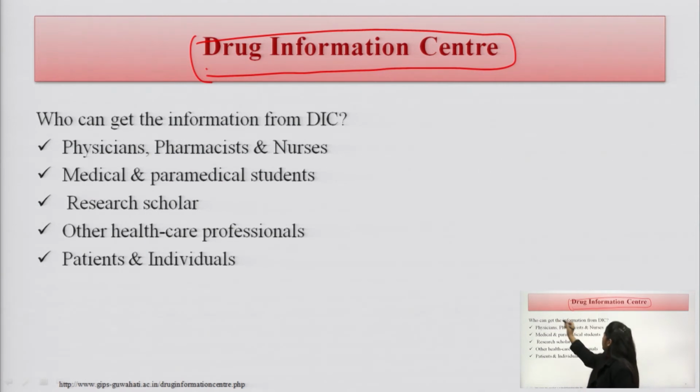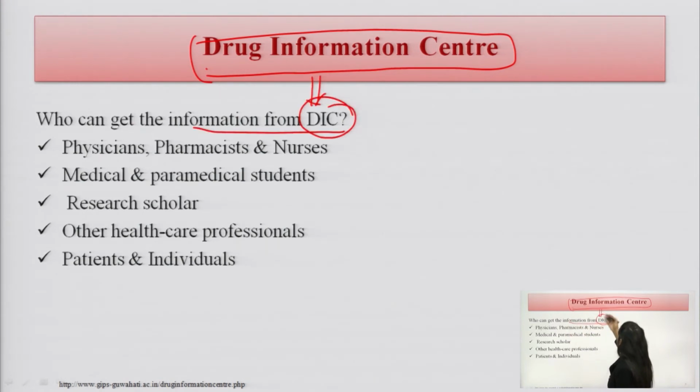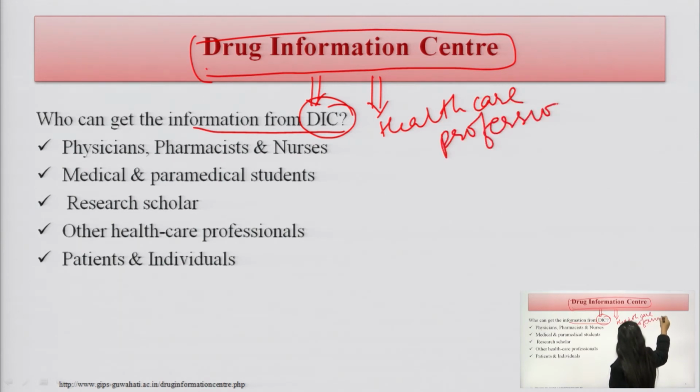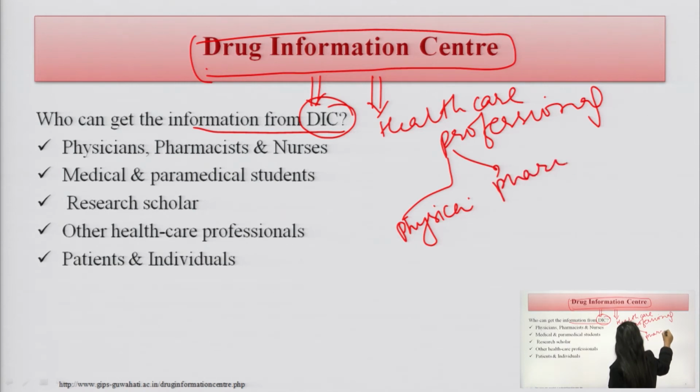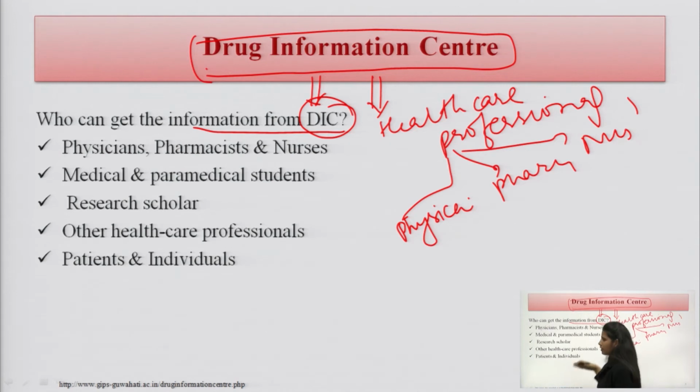So, who can get the information from the DIC? Who is working in the DIC? Healthcare professionals are working there and giving information. And who could the healthcare professionals be? Of course, physicians could be, pharmacists should be there, nurses should be there. So this is a committee, how they are working.